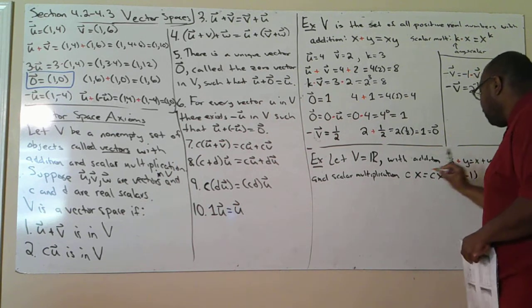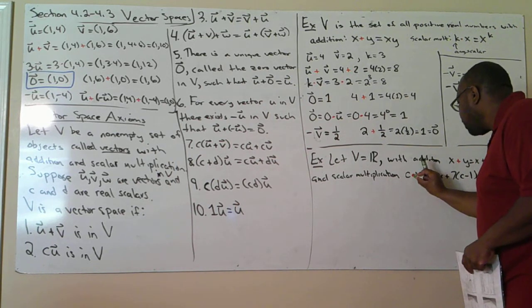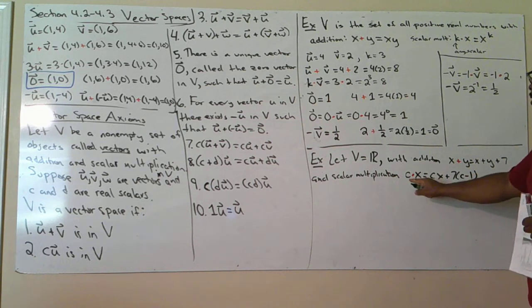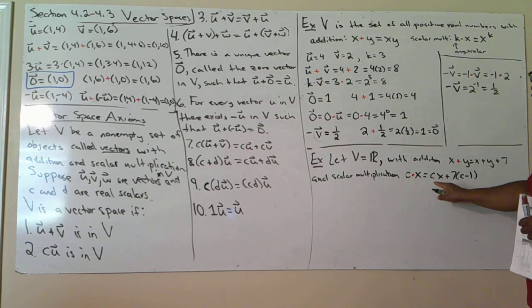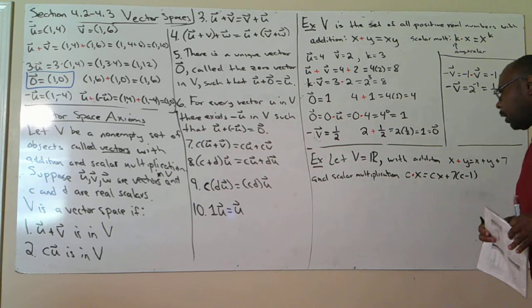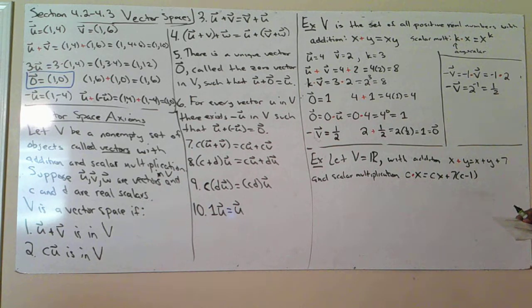So essentially, scalar multiplication of C times X is going to be equal to C times X, so a regular multiplication, plus 7 times C minus 1. Okay. So the only thing I have to make sure is that I get a real number back.